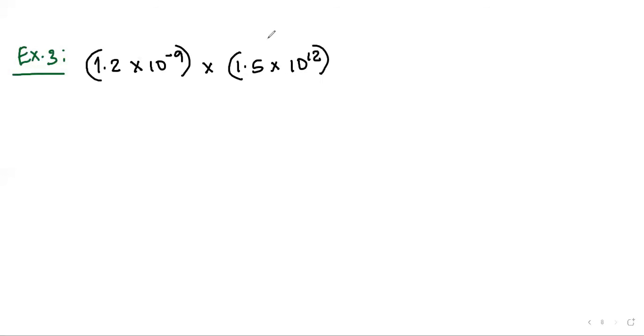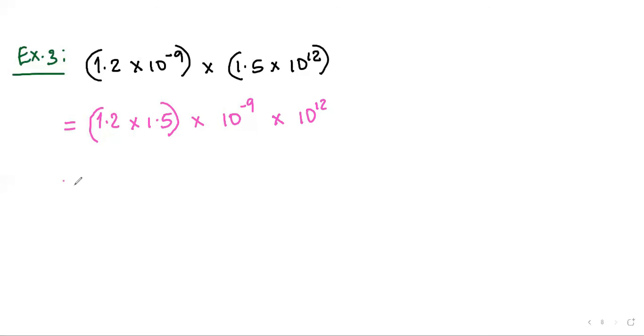So we say that this is equal to 1.2 times 1.5, okay, times 10 to the power of negative 9, let's first make it as times the whole of it, times 10 to the power of 12. Okay?